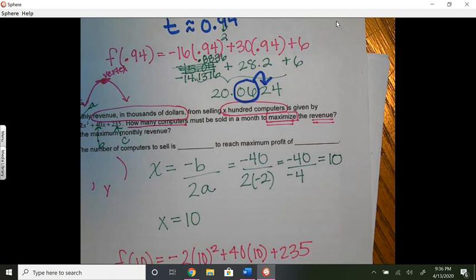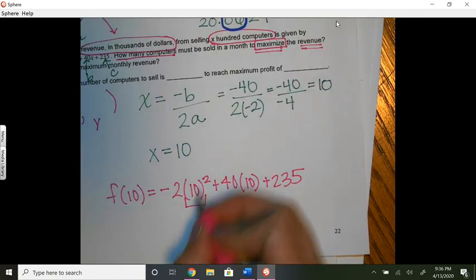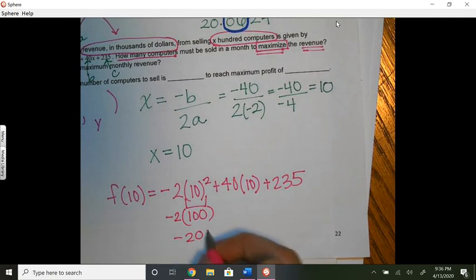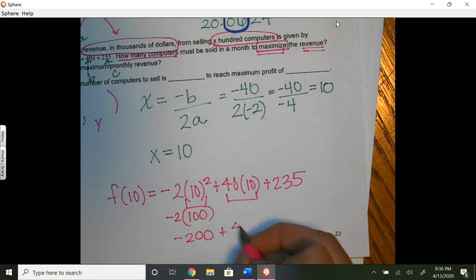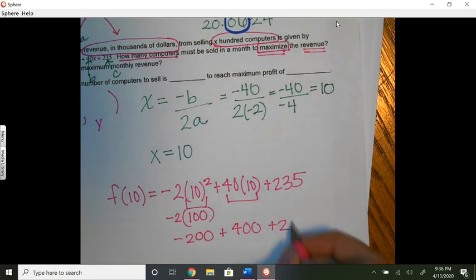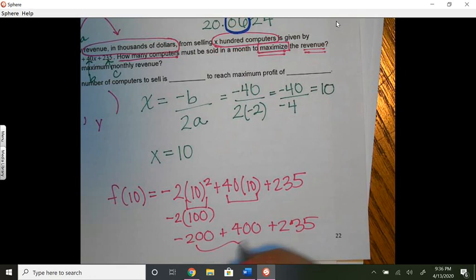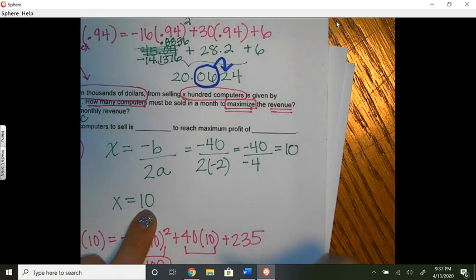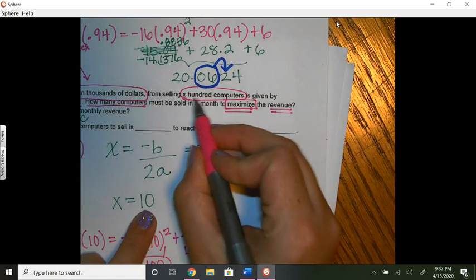Okay, so order of operations, 10 squared is 100, and then times negative 2. And then we multiply. And then we combine all of this together, and we get 435. Okay, so X represented hundreds of computers.